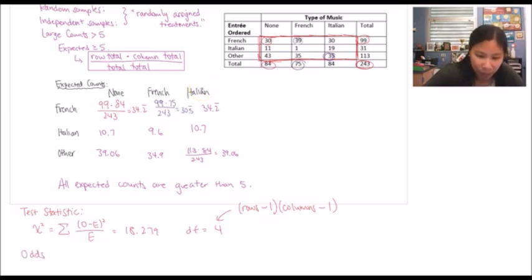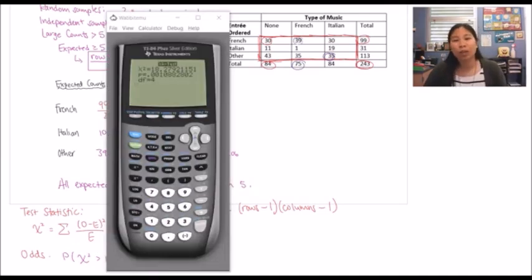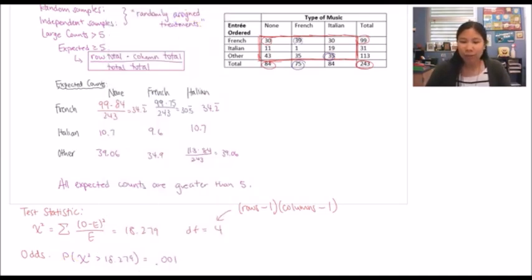Our next step was odds, and our p-value, the probability that chi-square was greater than 18.279, was 0.001. Some small p-value there. So this means that since our alpha level was 0.05, we would reject H0 because we have a small p-value compared to our alpha level. And as usual, our conclusion is going to be the same as before, so nothing crazy there.